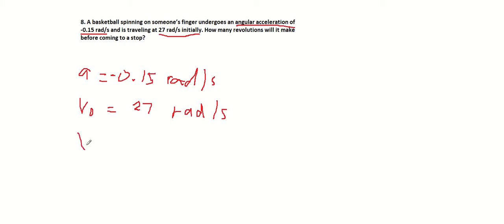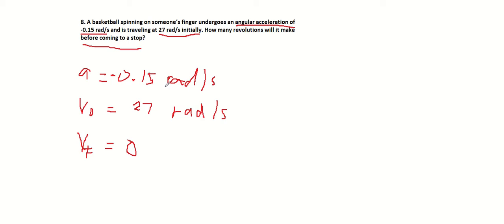And meron tayong v sub f, o yung final velocity, and it would be equivalent to 0 kasi sabi before coming to a stop. So alam natin na final velocity is 0, titigil siya doon. And obviously kasi yung acceleration natin is negative 0.15 radian per second. So pabawas yung acceleration niya, bumabagal.